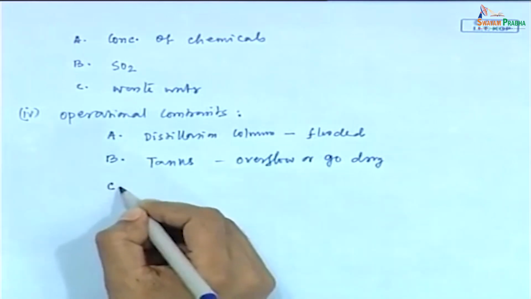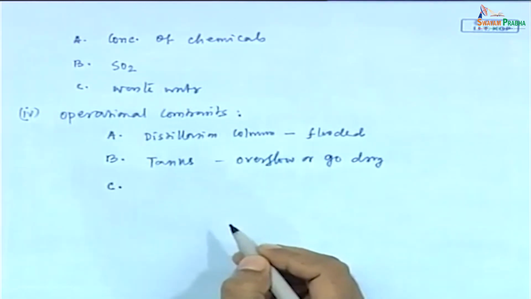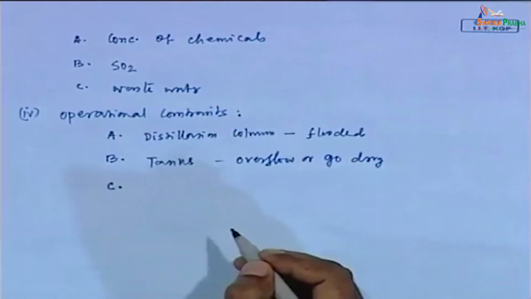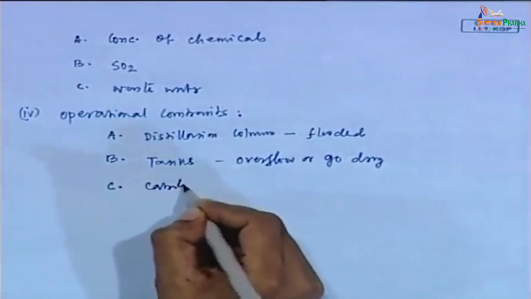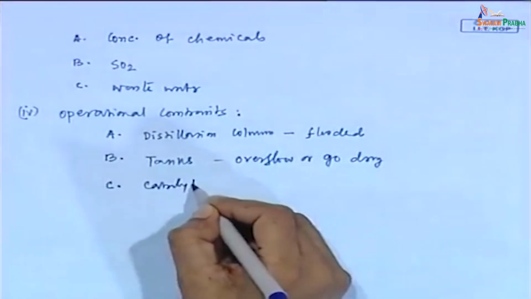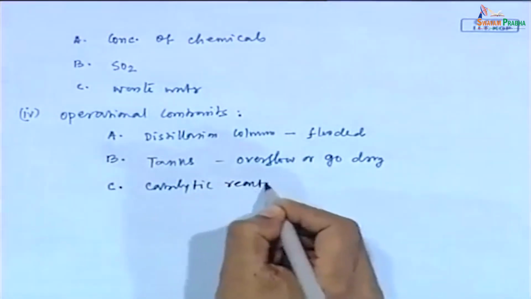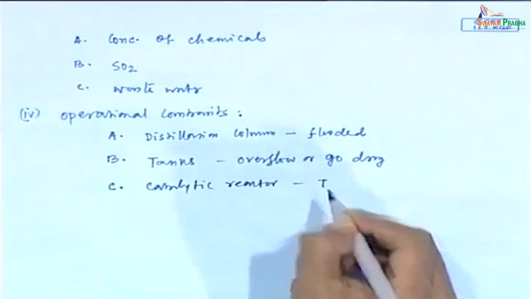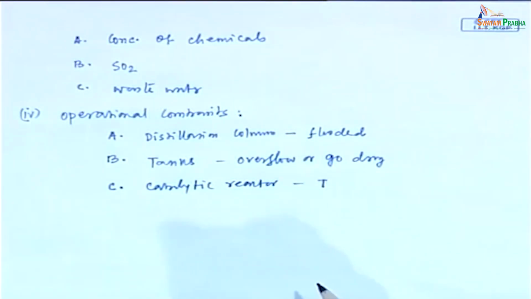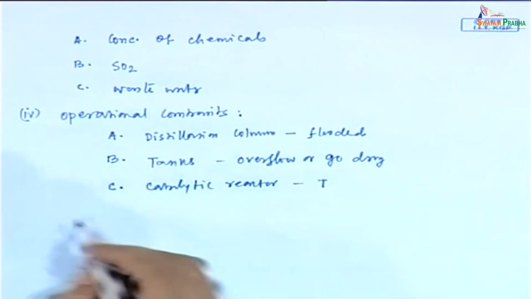Third example is the temperature in a catalytic reactor should not exceed the upper limit, because if the temperature is higher than the upper limit, the catalyst may be destroyed. Fine. So this is all about the operational constraints.